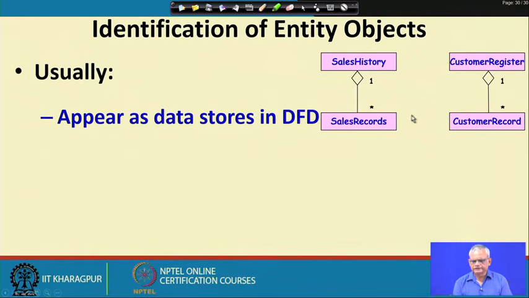Almost every entity class has this form, that is aggregated and multiple objects created, for example for the sales record. If we look at the DFD representation of the problem, then the entity objects appear as data stores in a DFD.